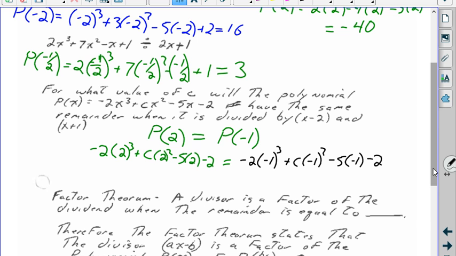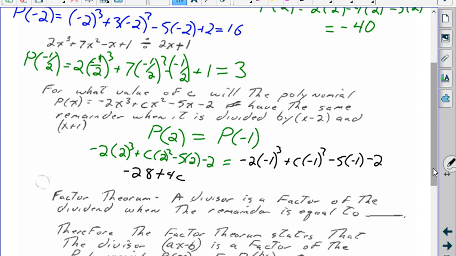On this side here, we've got 16 minus 10 minus 2. So we have negative 28 plus 4c on that side.